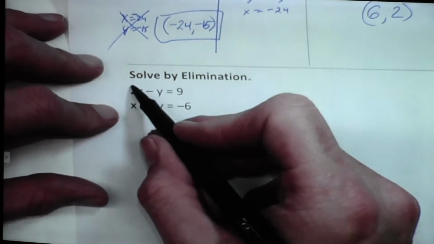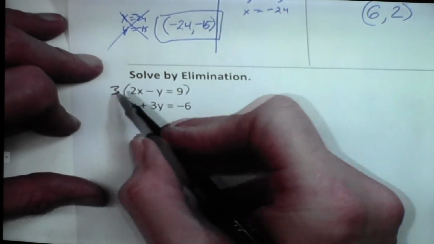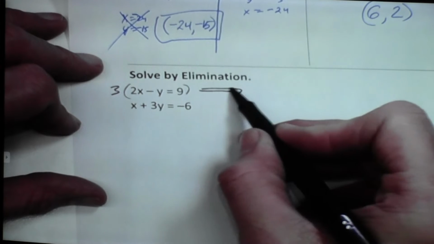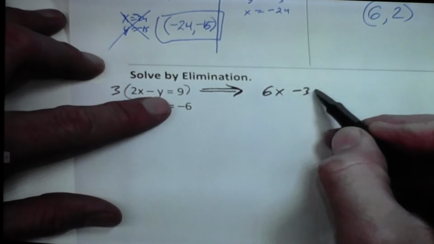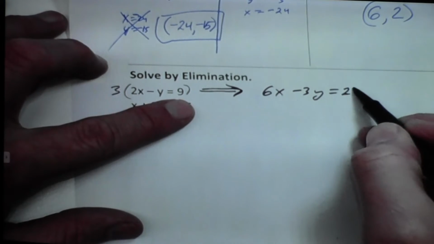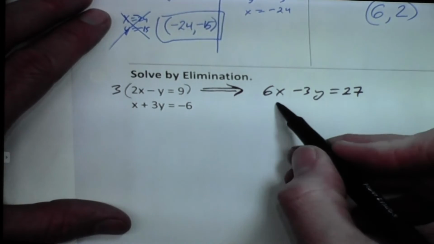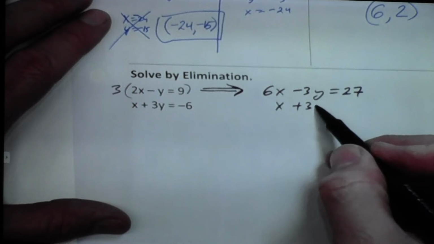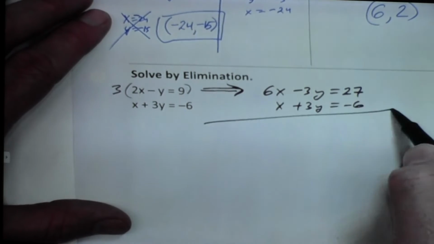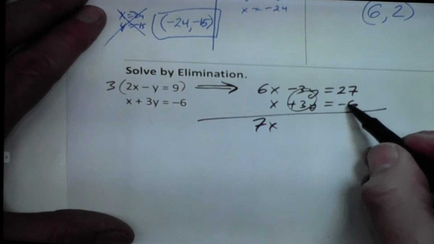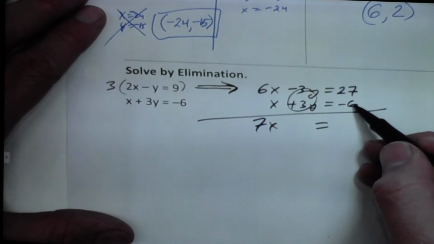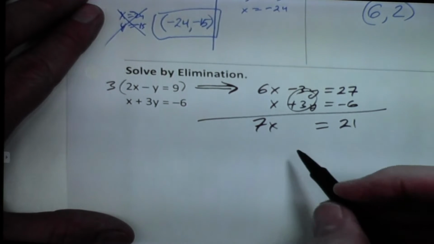This one, I'm going to multiply it by the number 3. And that means I get 6x minus 3y is equal to 27. Here, I'm going to write that one underneath it, the same one. And now I'm going to add these. So I get 7x, this becomes 0, and 27 plus a negative or minus 6 is a 21.